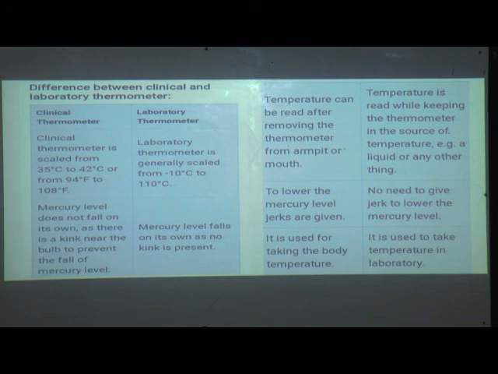Why? Because the clinical thermometer has a kink near the bulb. That is why the level of mercury cannot decrease.